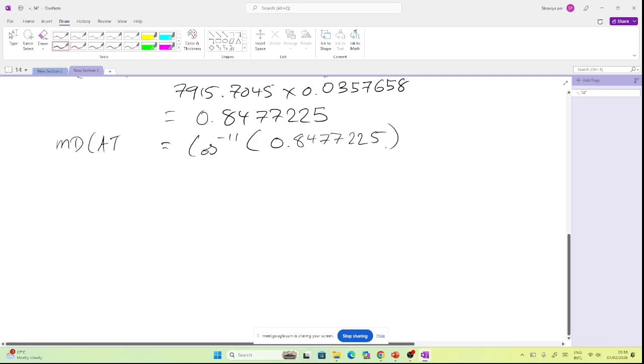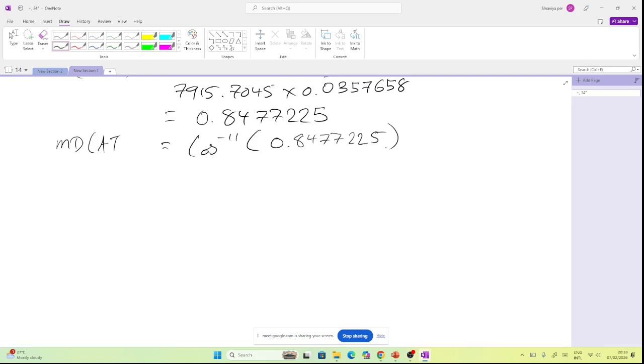Okay, so let's find out the cos inverse.